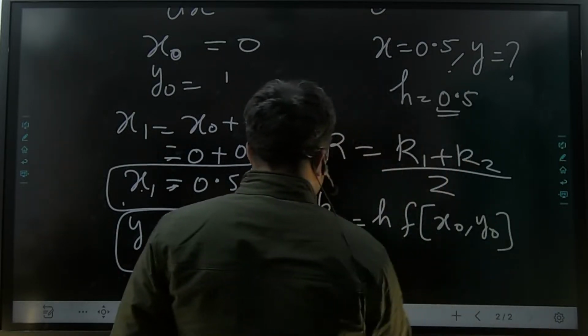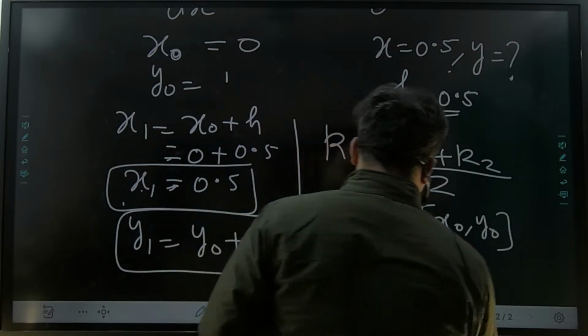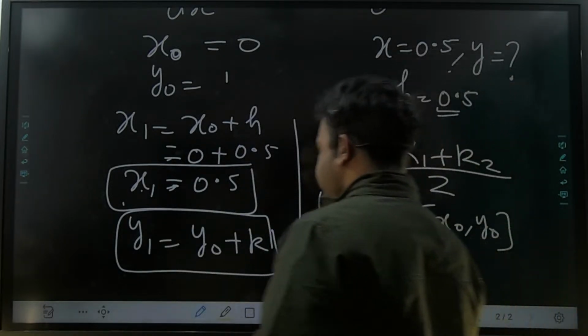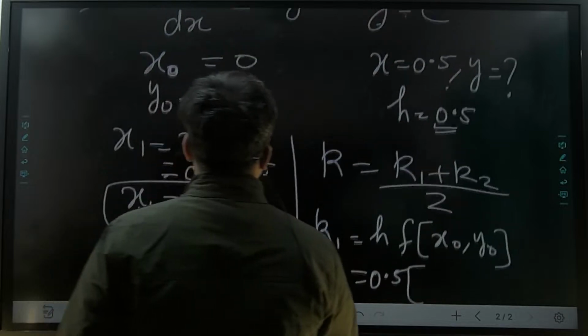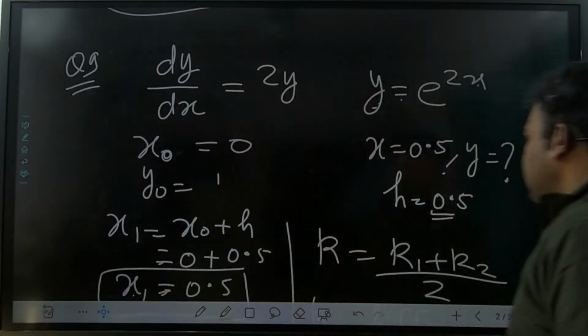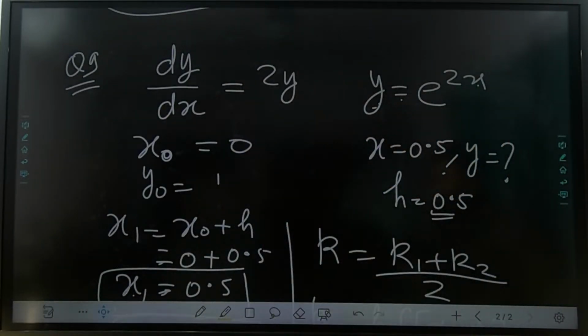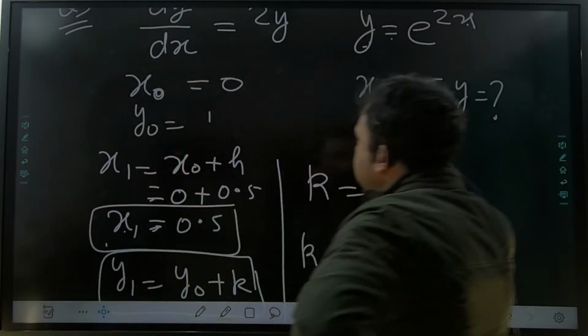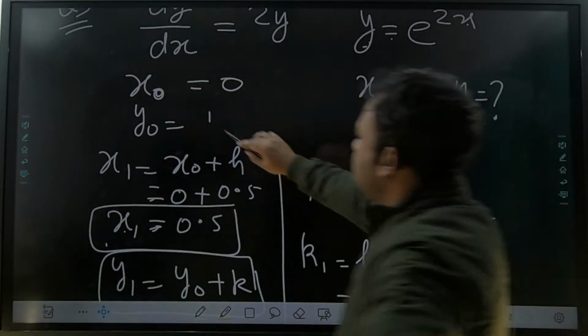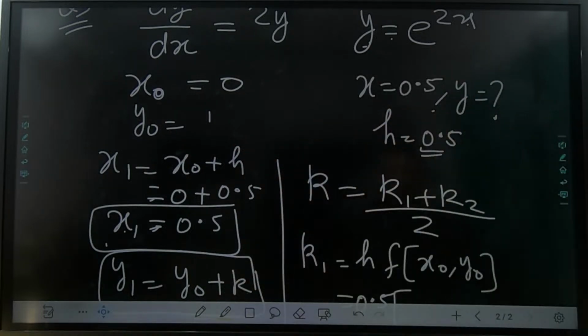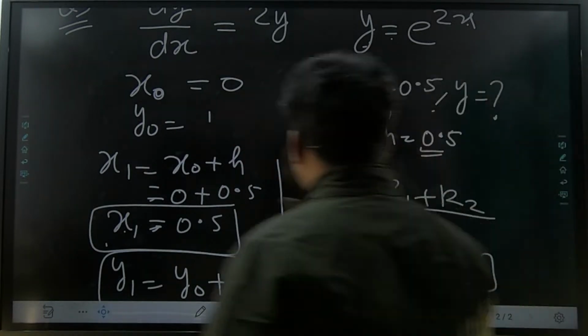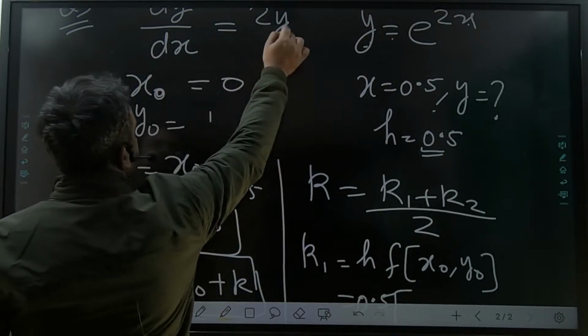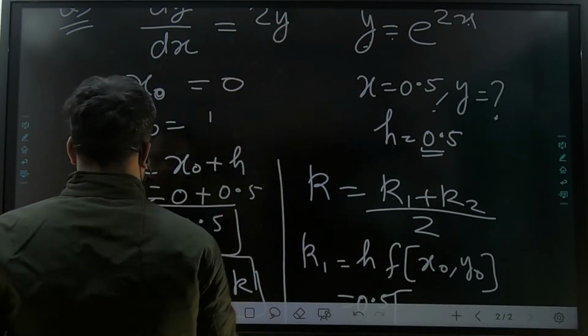So h is 0.5, and the function value at x naught, y naught: dy/dx is some function of y naught, so replace x by x naught and y by y naught. Now this is not a function of x, only a function of y. So y naught is equal to 1 over here. When y naught is equal to 1, f of y is equal to 2 only. So this is equal to 2.